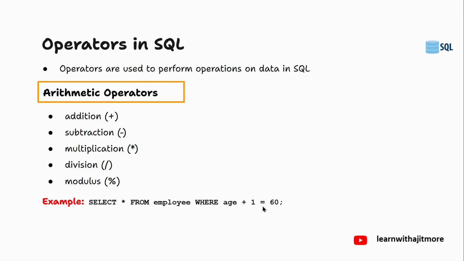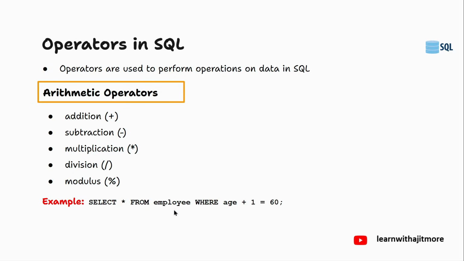It will just add for this comparison. It will check whether adding 1 to the age is equal to 60. That means only those employees whose age is 59 will get filtered, because 59 plus 1 is equal to 60. Only those records will get filtered.